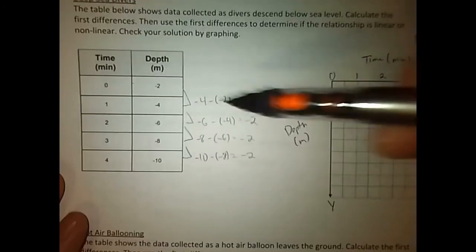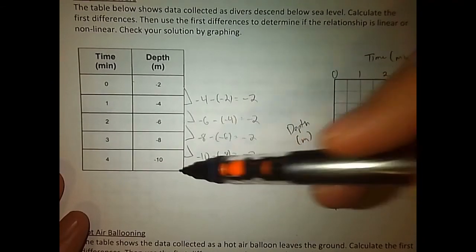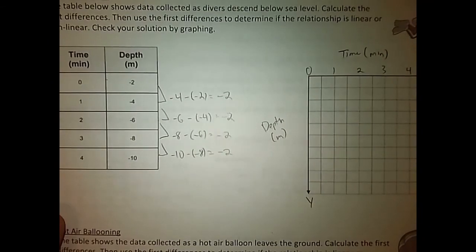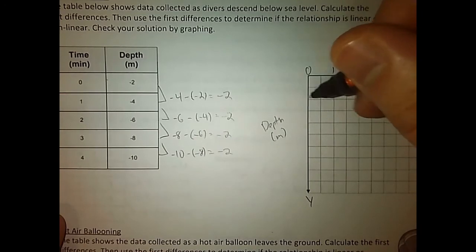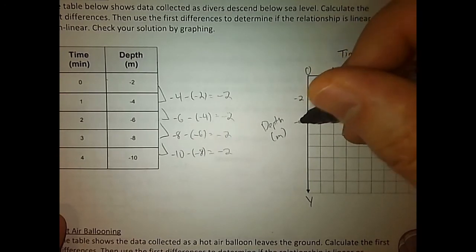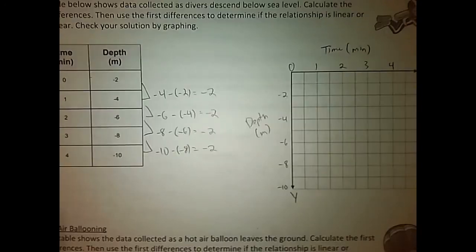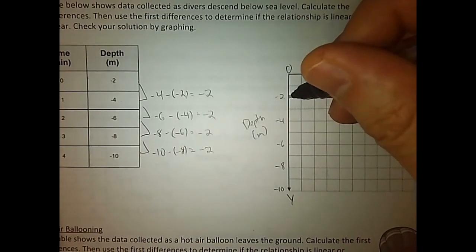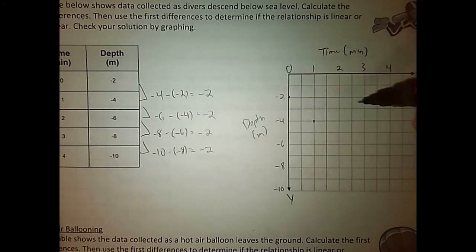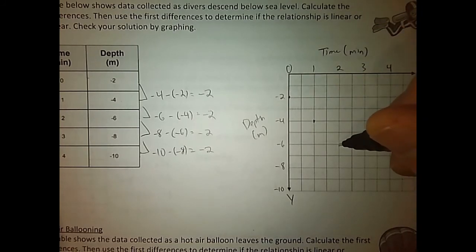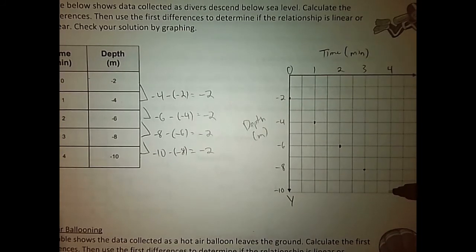So I'll go by an appropriate value for our y values here. They're going by -2, so we'll go -2, -4, -6, -8, and -10. I'll plot these points: 0, -2; 1, -4; 2, -6; 3, -8; and 4, -10.